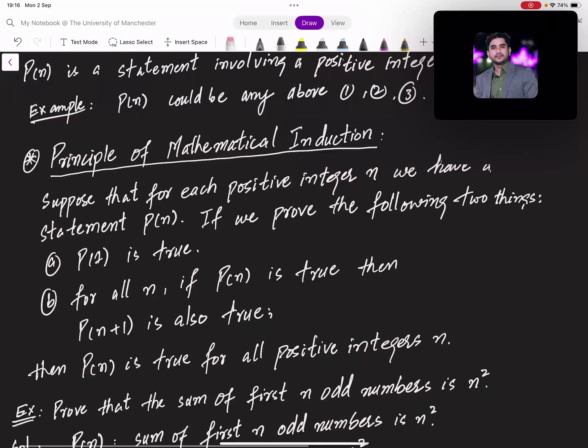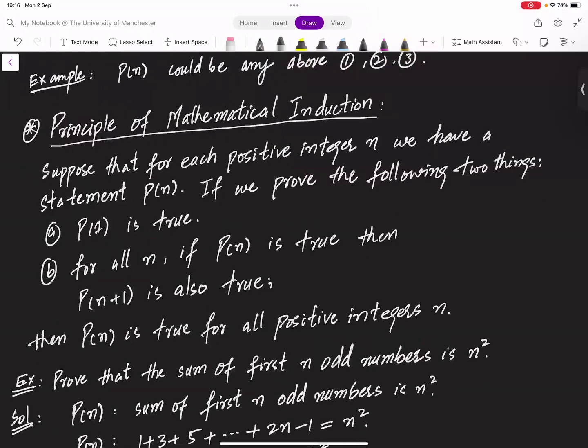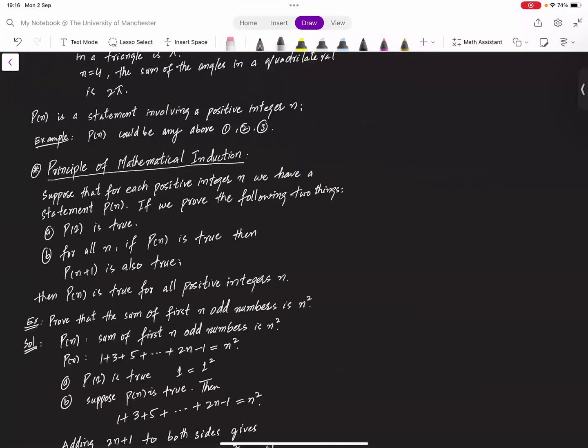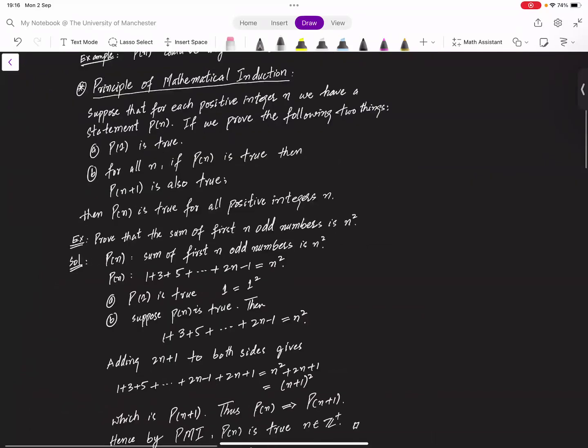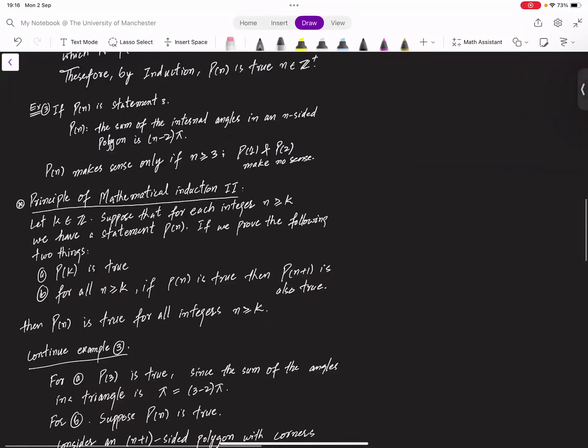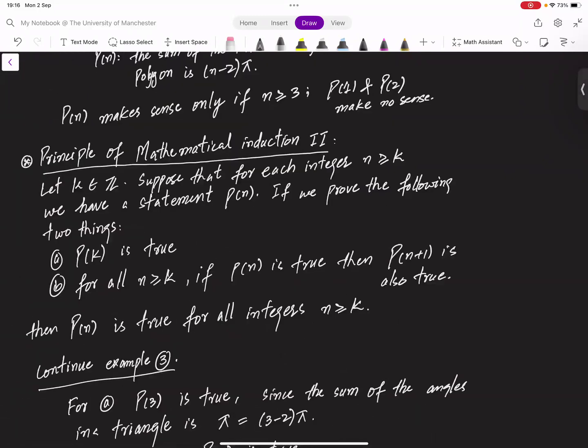So for that, we let k be an integer, and then we can start with n greater than or equal to k.